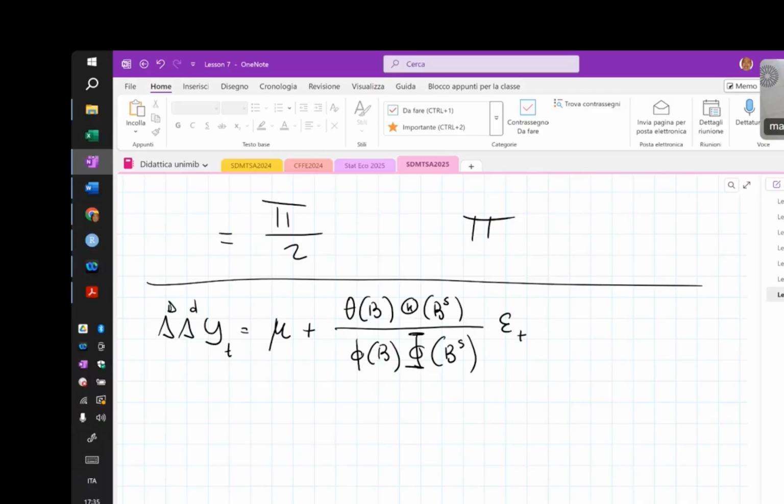I mean, suppose we are taking the first difference, then we are modeling the increment of the time series. So this is the mean increment of the time series, okay? So the role of the mean changes if I take differences, right?